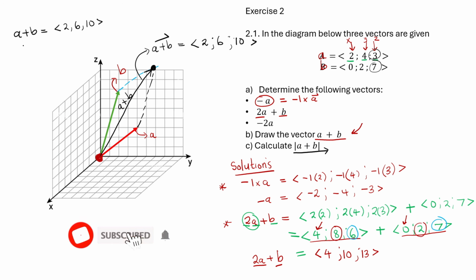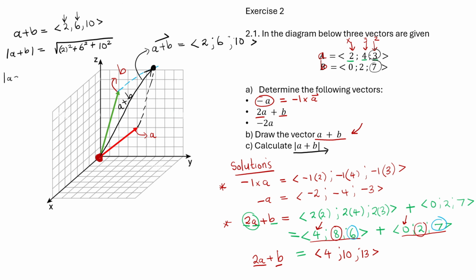To find its magnitude, I just have to employ the Pythagoras theorem. The magnitude of this resultant vector will be the square root of 2 squared, the x component, plus 6 squared, the y component, plus 10 squared, the z component.